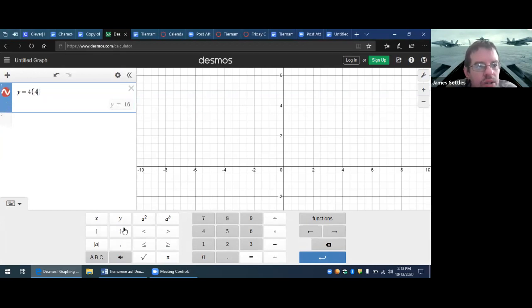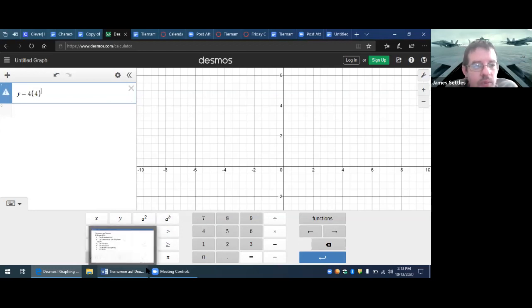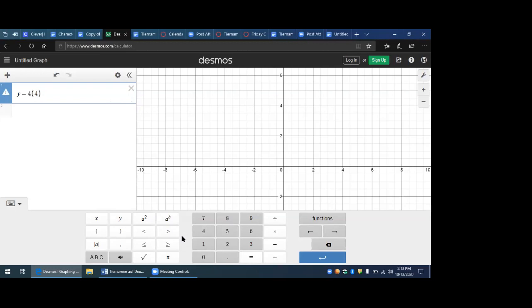So 4, close your parentheses. Now to get the exponent, you're going to hit that AB button right there. And then we need to put this in parentheses.